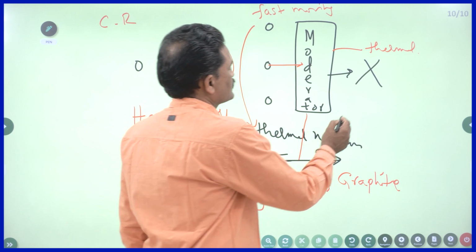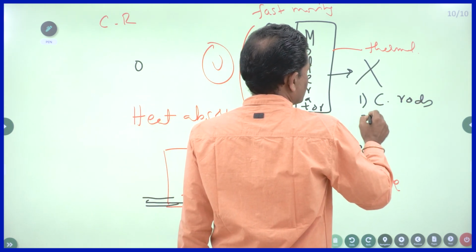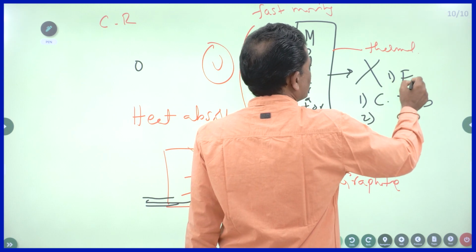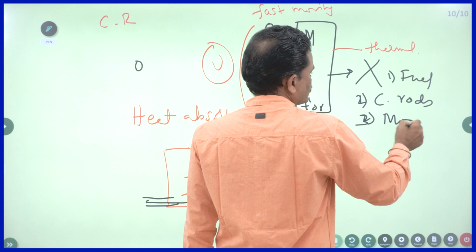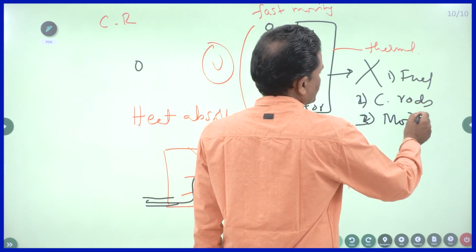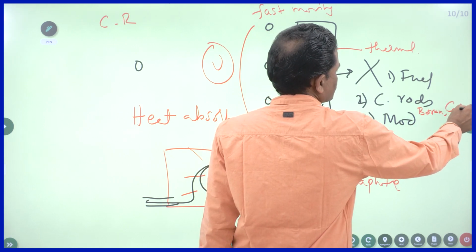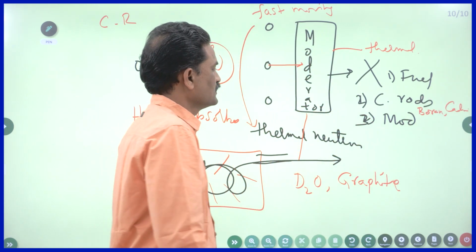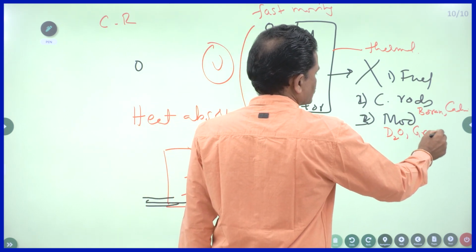So till now I discussed controlling rods. The first one is fuel. The second one is controlling rods. The third one is moderator. Examples for controlling rods, remember, are boron and cadmium. Moderator: heavy water and graphite.